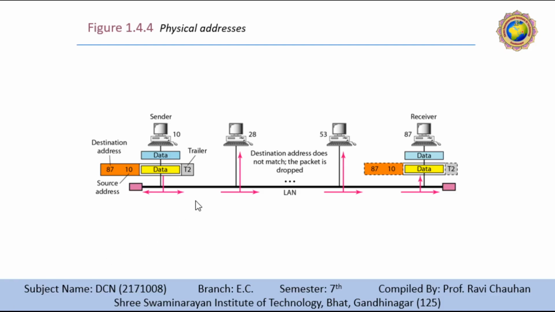Each station with a physical address other than 87 drops the frame because the destination does not match its own physical address. The intended destination computer, however, finds the match between the destination address in the frame and its own physical address. The frame is checked, the header and the trailer are dropped, and the data is decapsulated and delivered to the upper layer. Fine.